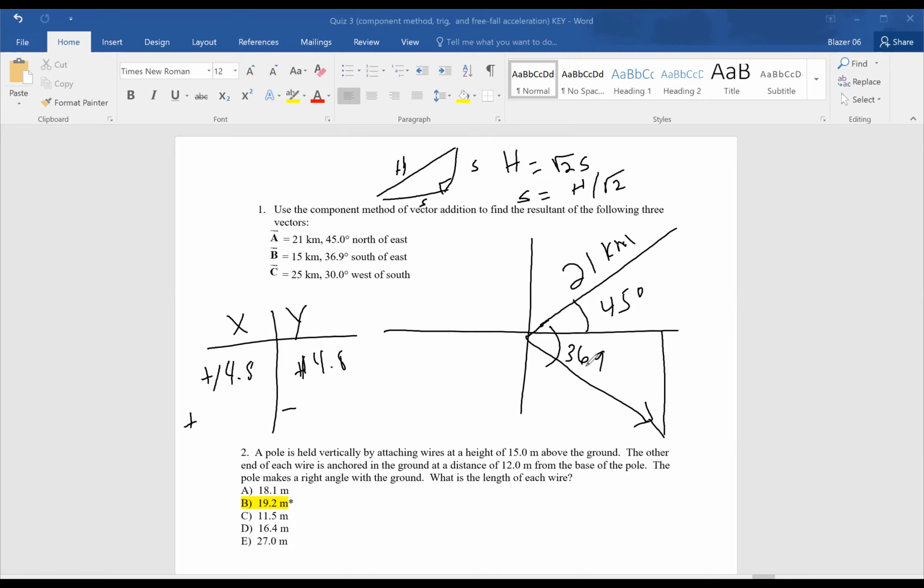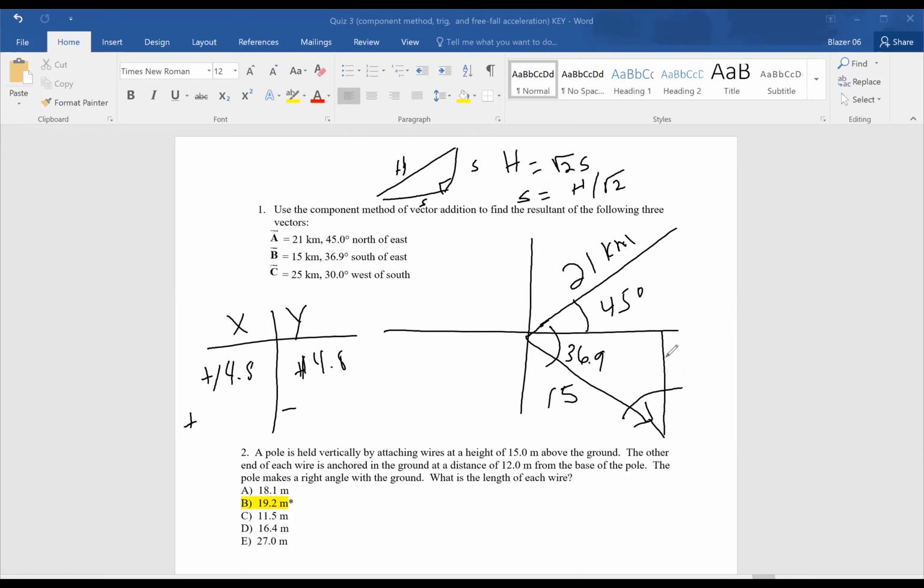36.9. You will only see that angle, class, in a 3, 4, 5 right triangle, which means that if this is 15, then these are my angles. This is my smaller angle, and therefore this must represent my smaller side. My smaller side is a factor of 3. So I say, what times 5 gave me 15?